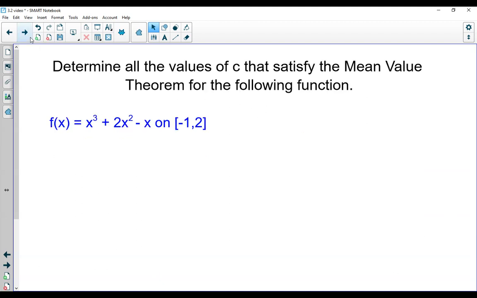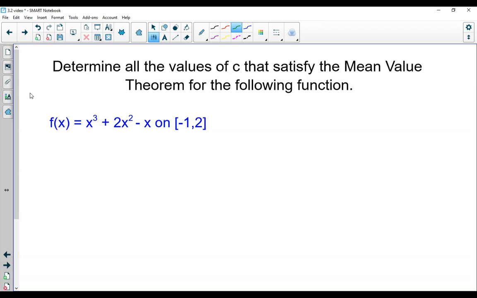So again, taking a look at an example: determine all the values of c that satisfy the mean value theorem for the following function, f of x equals x cubed plus 2x squared minus x on the interval [-1, 2].